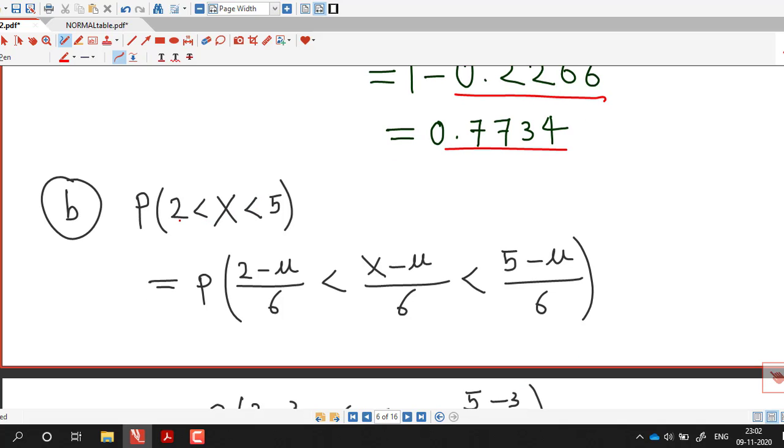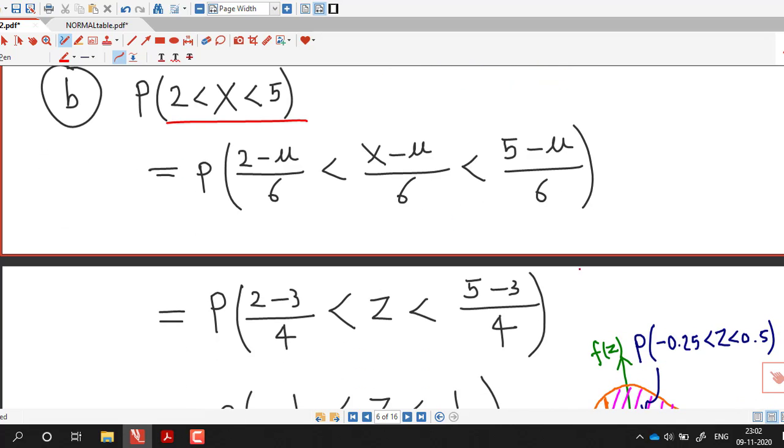Now here we are interested in the probability that x lies between 2 and 5. So this is equal to probability that 2 minus mu over sigma is less than x minus mu over sigma, which is less than 5 minus mu over sigma. This is nothing but the standard normal random variable, so we replace it by z, and here we put values of mu and sigma.